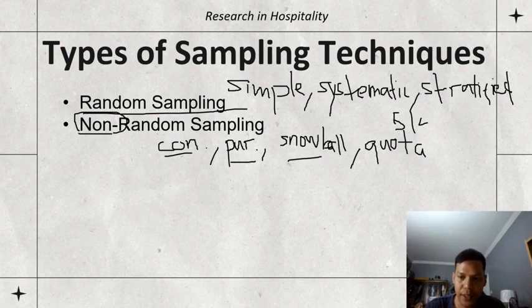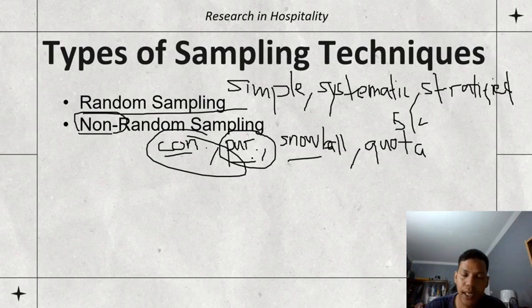So you need to align the objectives or SOP to your sampling techniques. An example of this is convenience sampling, where participants are chosen based on accessibility, based on the convenience of the researcher. Next, we also have purposive sampling, where specific criteria guide participant selection.